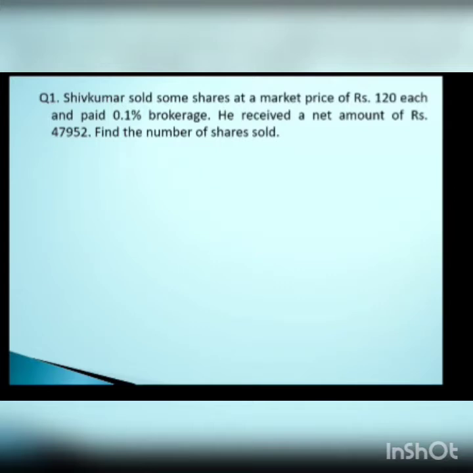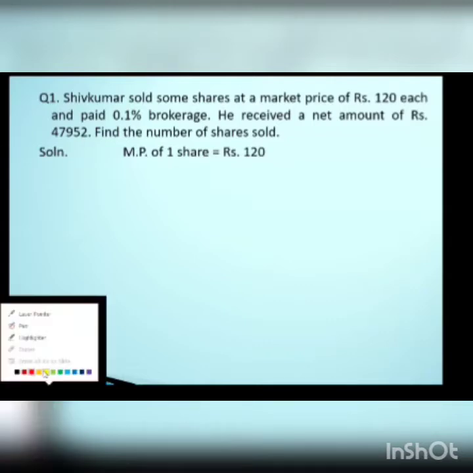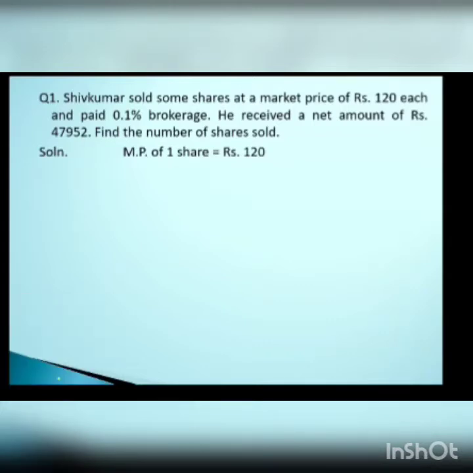So all of you have taken it by now. Let us see how the solution is to be done. The first line of the solution is to place the market price, which is given to be 120 here. I'm just highlighting that with the highlighter. The market price is given already in the question itself as 120, and that is what I have written in the solution.